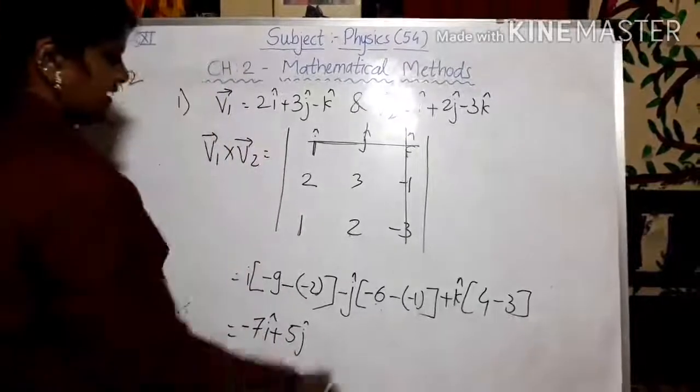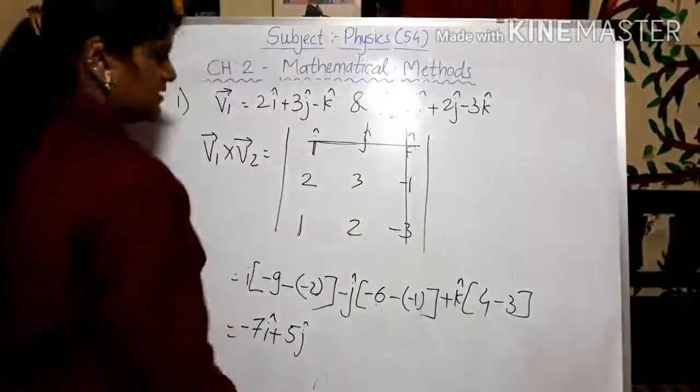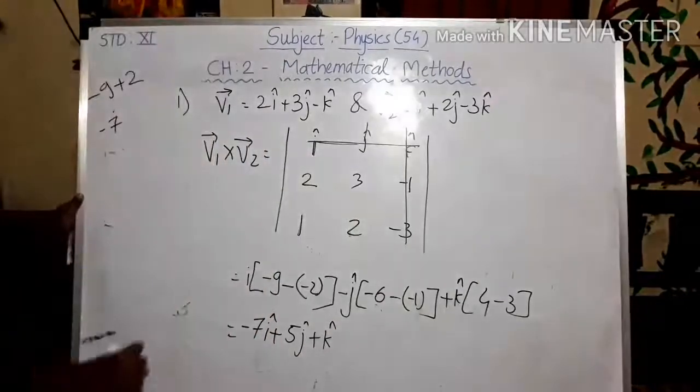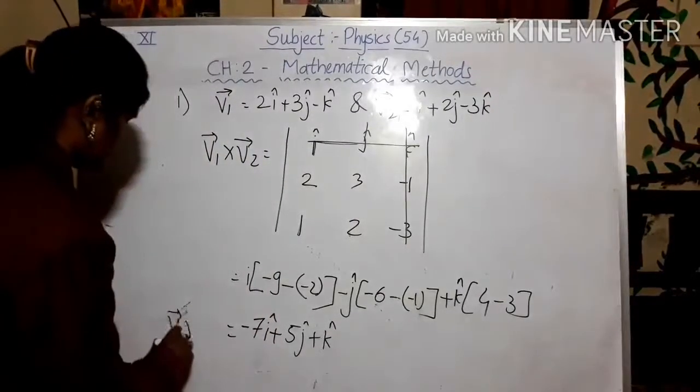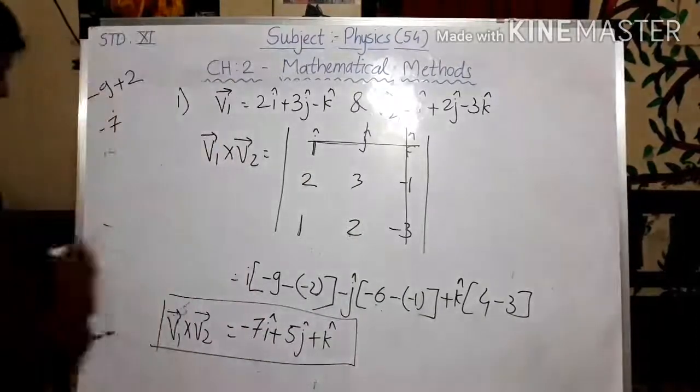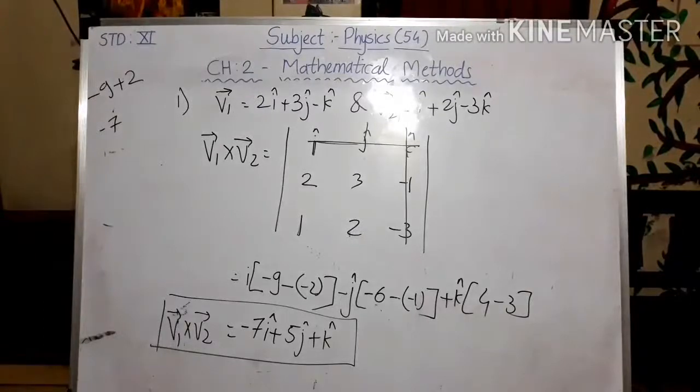Okay. Next, 4 minus 3 is 1. So this is a very easy one. So V1 bar cross V2 bar comes out to be -7i plus 5j plus k, and it is the right answer which is given inside the exercise.